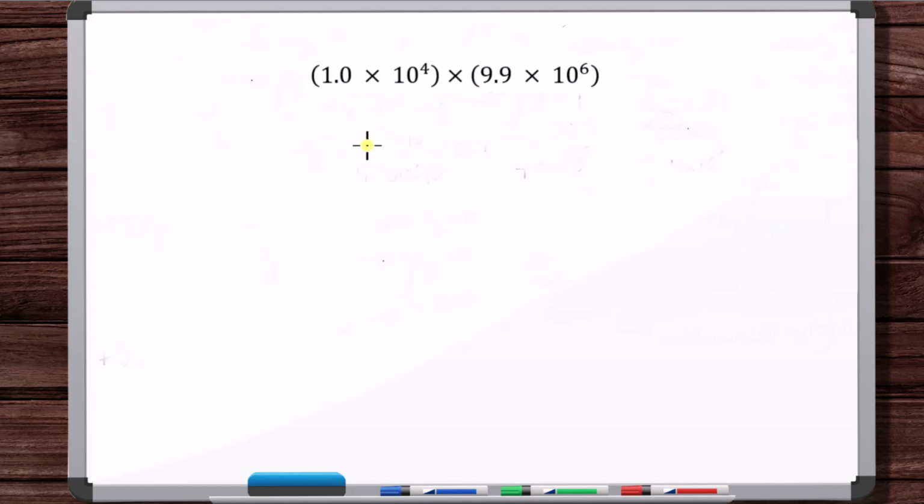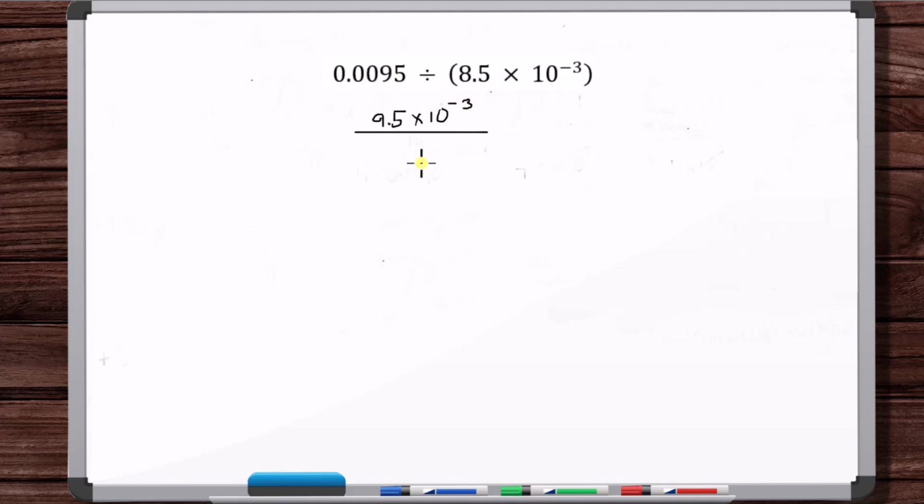So 1.0 times 9.9 is just 9.9, and we keep two significant figures, times 10 to the what? 10 to the 4th times 10 to the 6th. 6 plus 4 is 10. So we've got, what do we have here? This is 9.5 times 10 to the minus 3 divided by 8.5 times 10 to the minus 3.